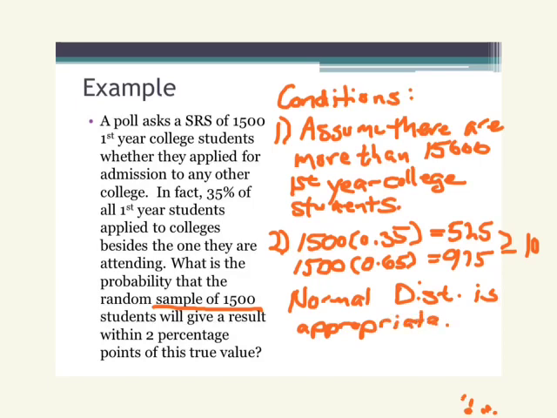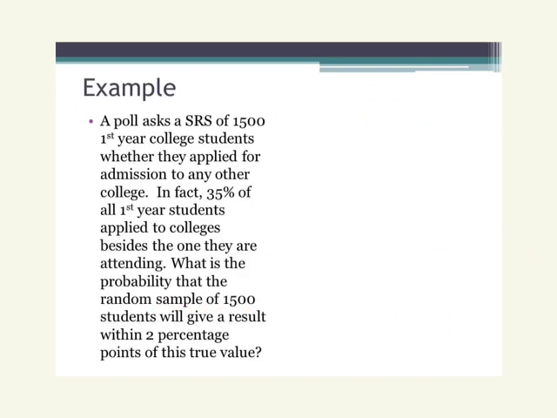All right. So now that we've determined that, let's go ahead and actually apply the normal distribution. Okay? So I'm going to clear my drawings here, and we'll make some room so that we can show the actual work. All right, so we showed that a normal distribution is appropriate. Now we need to find the mean and standard deviation of this sampling distribution, and then we can set up our normal distribution. Well, we know that the mean of p hat is equal to p, which in this problem is 35%.